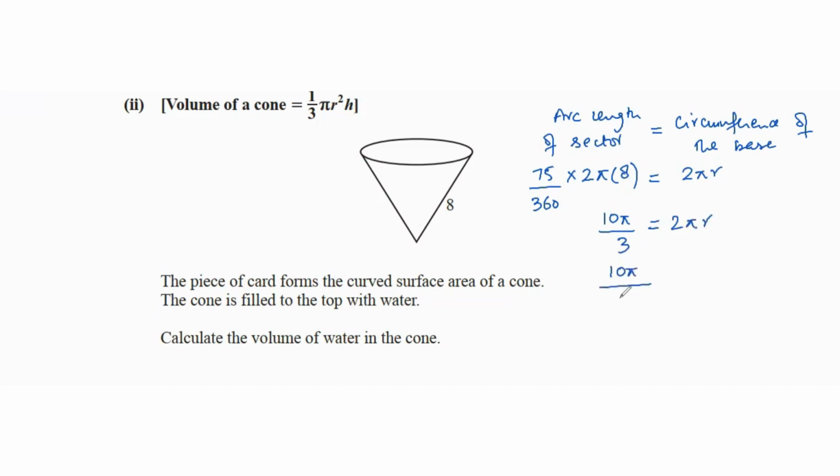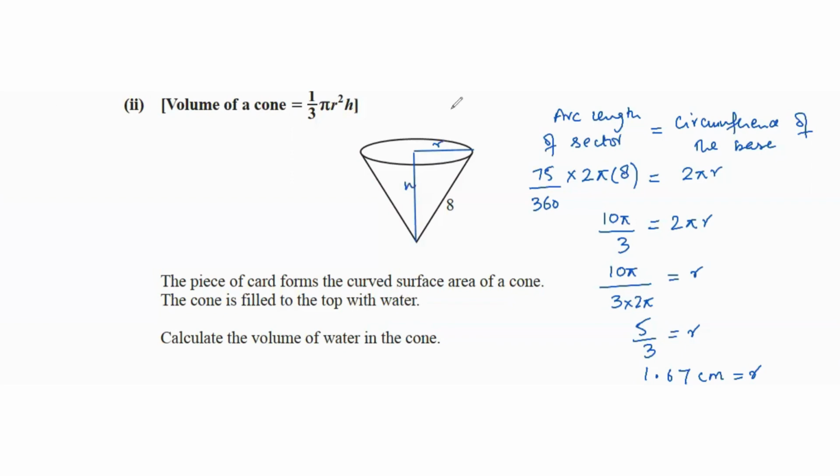10 pi divided by 3 times 2 pi equals r, which is going to be 5 over 3. And we can rewrite 5 over 3 as 1.67 centimeters. Now, if we draw the height on the cone, this is the height and this is your radius r.